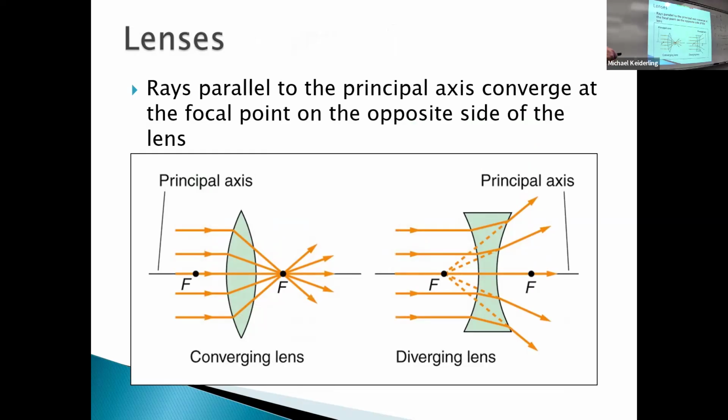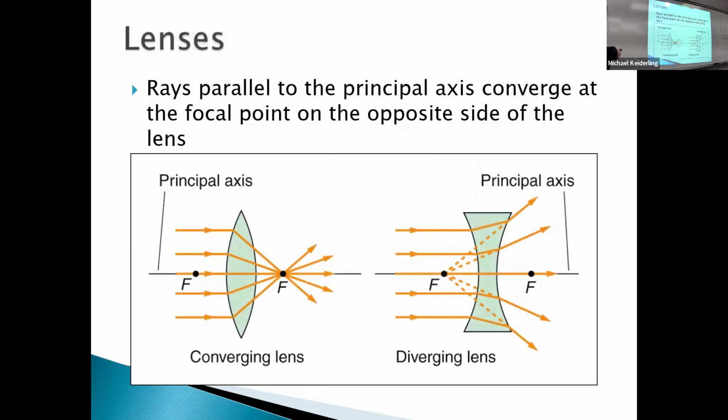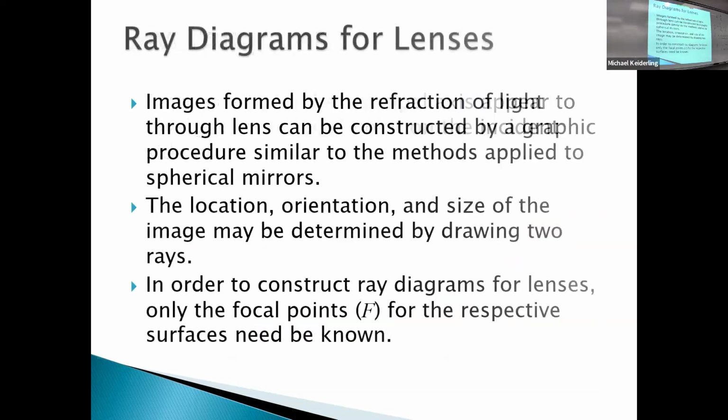And they will diverge as if they were coming from the focal point on the same side of the lens for a diverging lens. So a converging lens brings the rays together to a focal point on the far side of the lens. For a diverging lens, rays parallel to the principal axis appear to diverge from a focal point on the incident side of the lens.